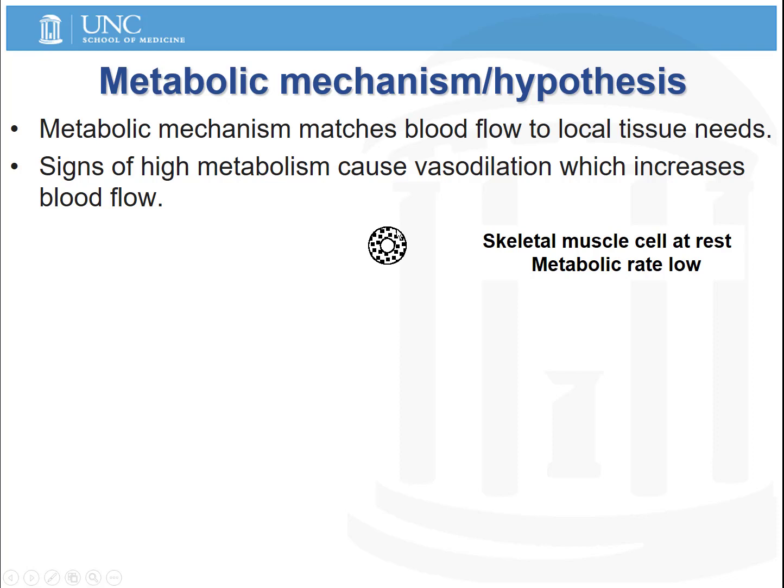Here we're looking at a skeletal muscle cell, but it could be really most any other tissue type, since most tissue types show good metabolic regulation of flow. Here at rest, the metabolic rate is low and there's not a lot of metabolic factors around. So we have an arteriole supplying blood to this skeletal muscle, and that arteriole has some basal tone and has this radius here.